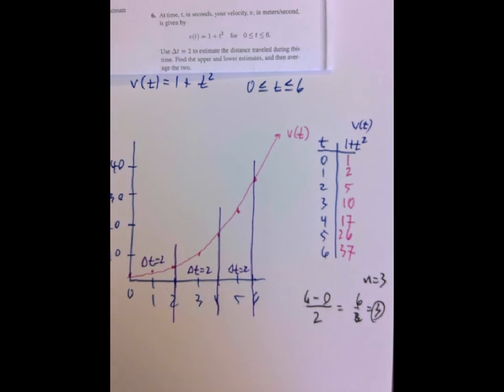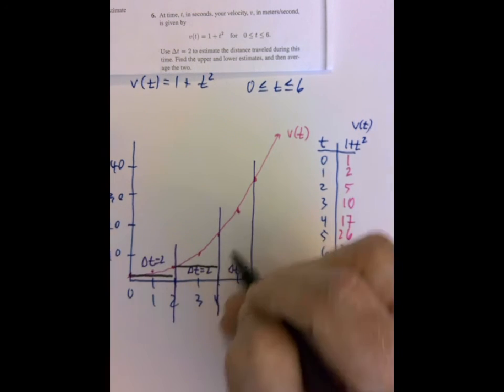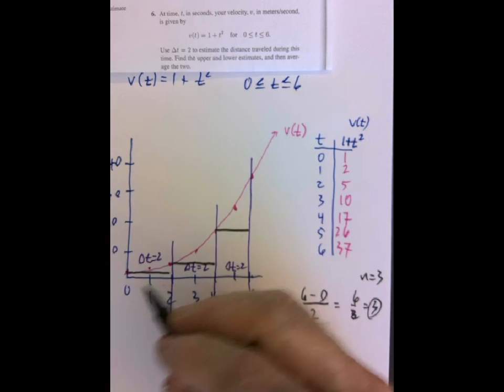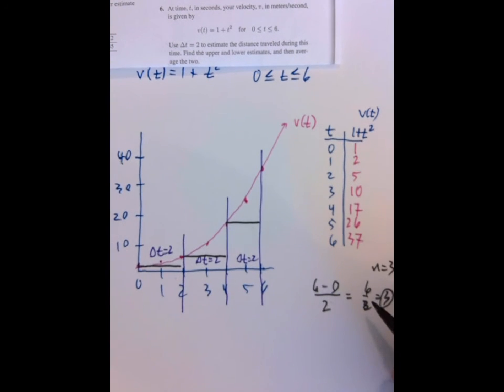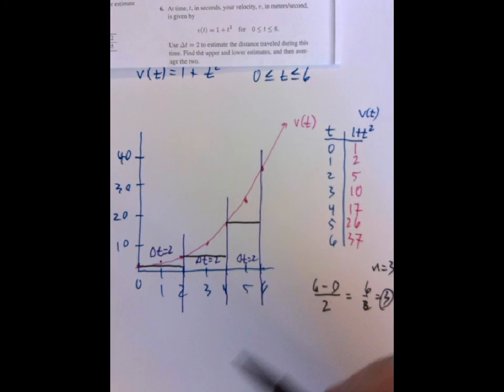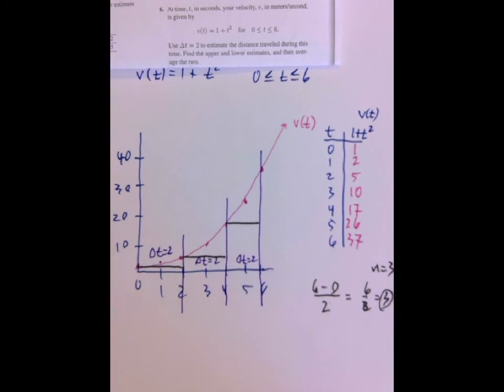Something that's going to look like this, in other words. Those are the left-hand estimates, or those are the lower estimates, because they'll give you areas that are below, right? And in the case of an increasing function like this, those are going to be the left sums. So to get the lower estimate, we would use the 3 rectangles here to get the left sum.